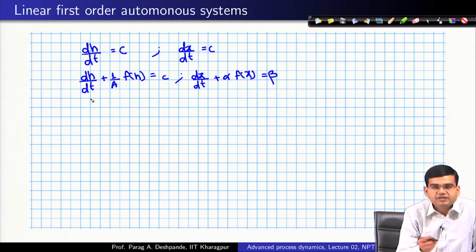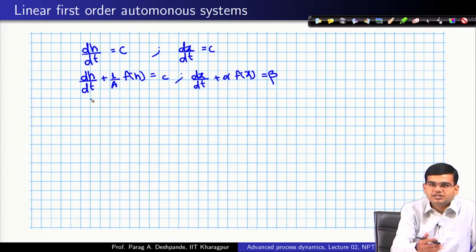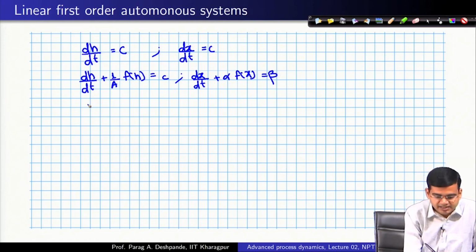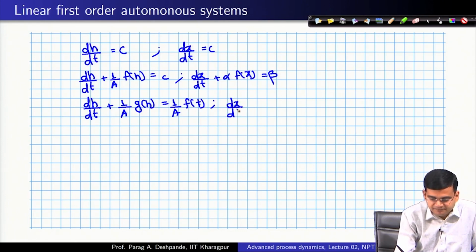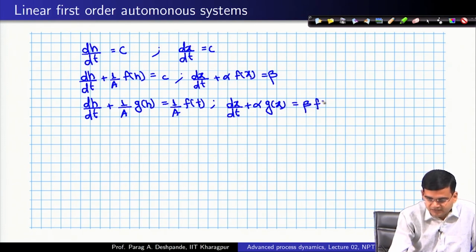It is not very difficult to retrace those constants in terms of the original variables. Then we had the form dH by dt plus 1 over A g of h is equal to 1 over A f of t, which is of the form dx by dt plus alpha times g of x is equal to beta times f of t.